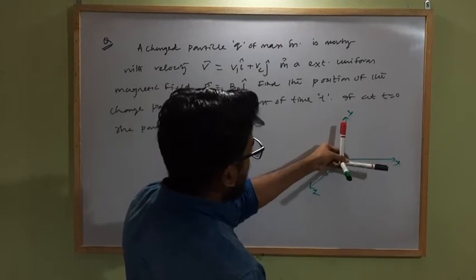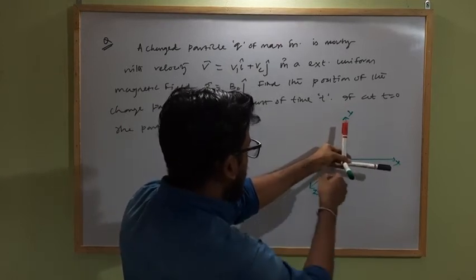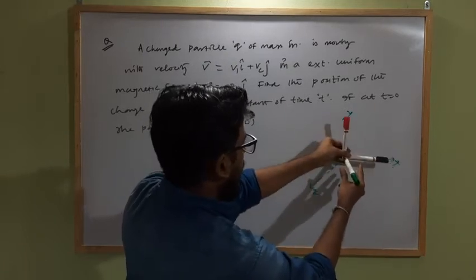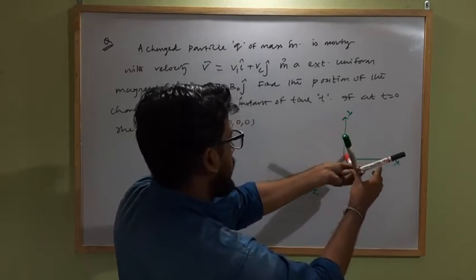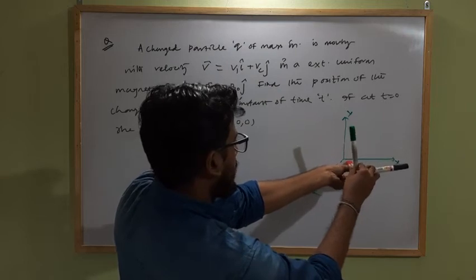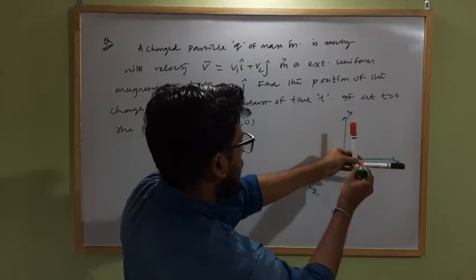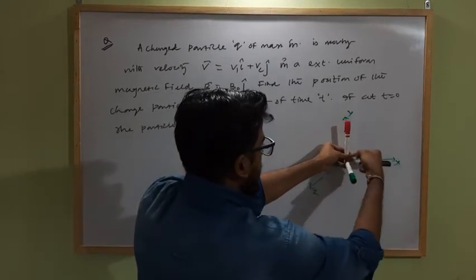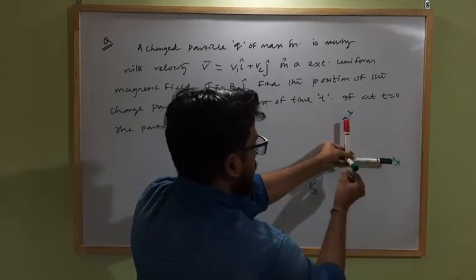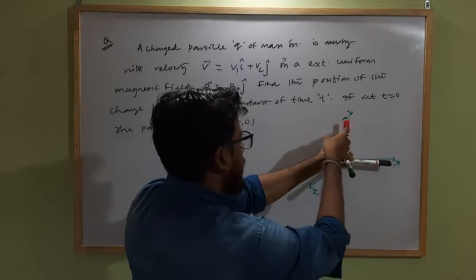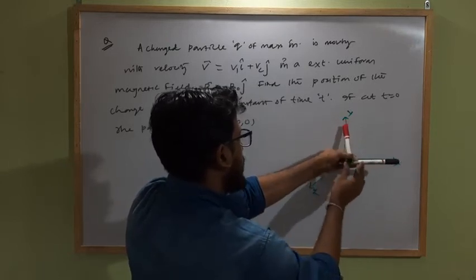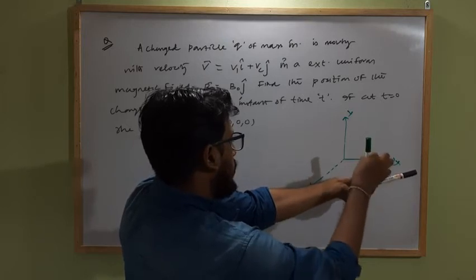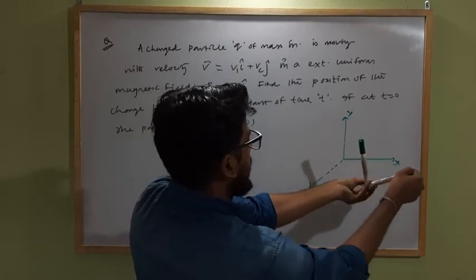So for our convenience, I am taking the y axis into the plane like this. So the upward axis will become what? Z axis, and this will remain as the x axis.